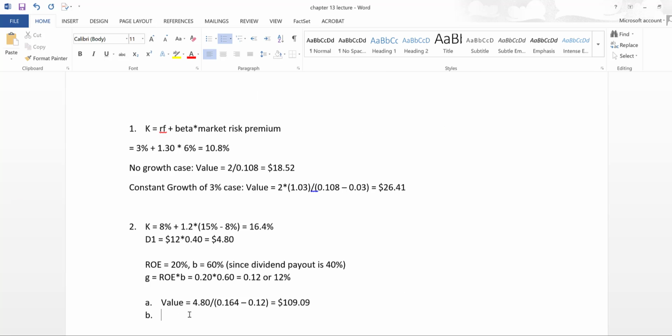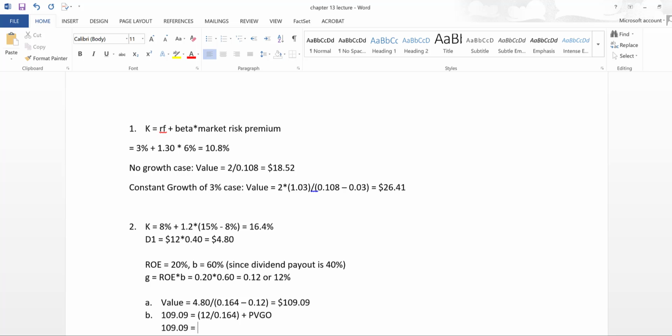Okay, so P0 is 109.09, and our right hand side is E1 over K. So E1 is $12, K is 0.164, right? 16.4%. So E1 over K, and then plus PVGO, present value of growth opportunities. Right, so here you just have to do this calculation to get our PVGO.